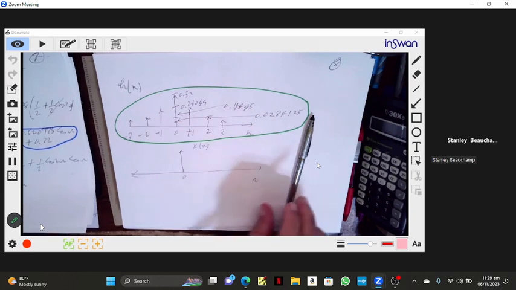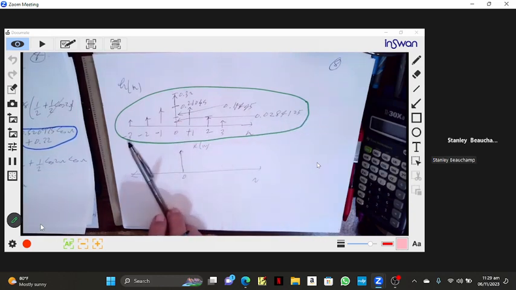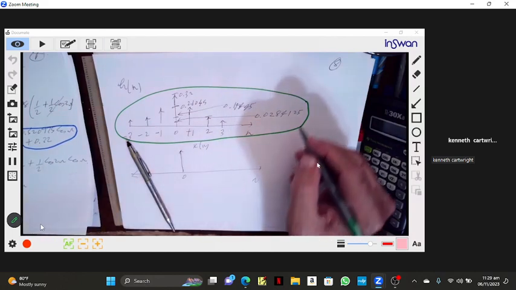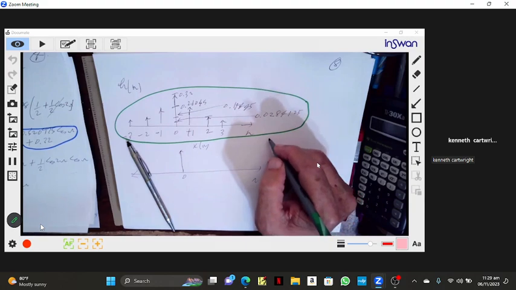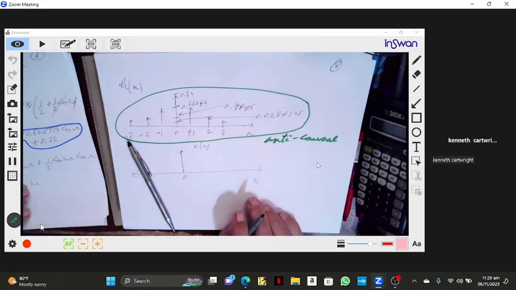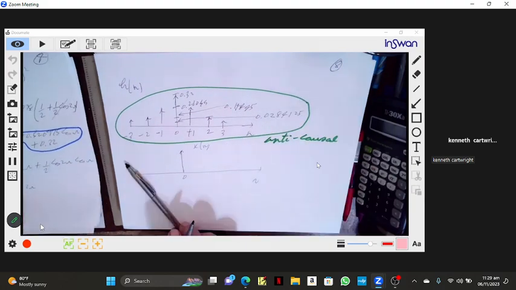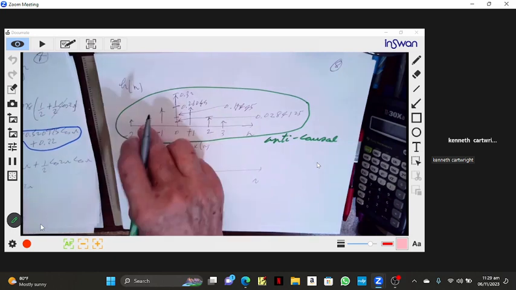Yeah, that's different from what you were showing us at the beginning of class. This is called an anti-causal filter. In other words, it can't exist in nature. You can't have an output before input's applied.